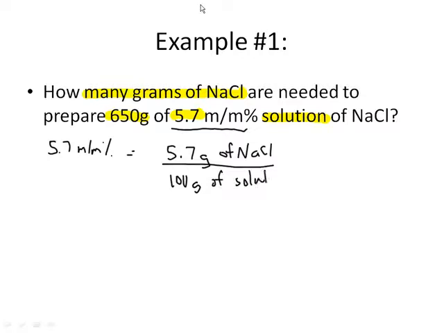That's what my definition of percentage tells me. 5.7% is 5.7 parts per 100 total parts. And in this case, my parts on top are solute and my parts on the bottom are solution. So I can use this as a unit conversion. I'm told that I'm starting with 650 grams of solution.